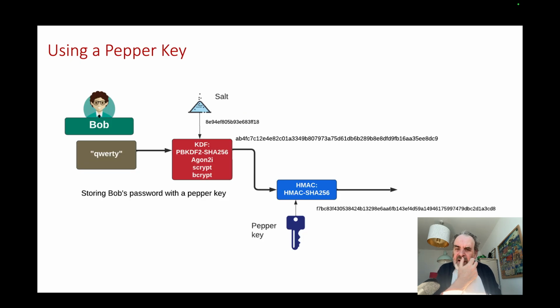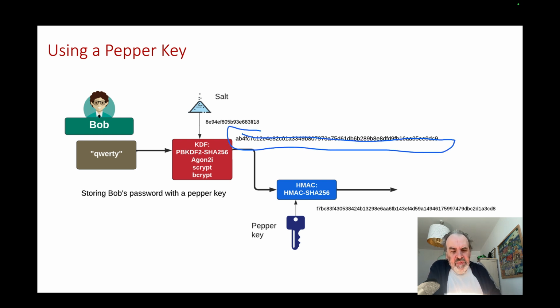Along with this, we can add what's called a pepper key. So with this, we might create our hashing method, and then we add in an additional pepper key onto the hash value that relates to a certain domain or a certain common purpose.